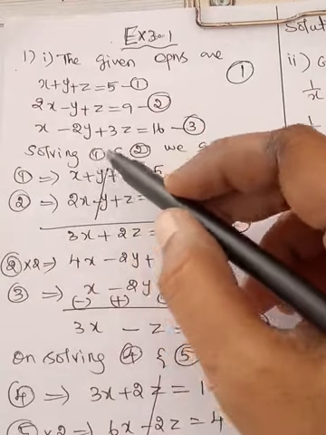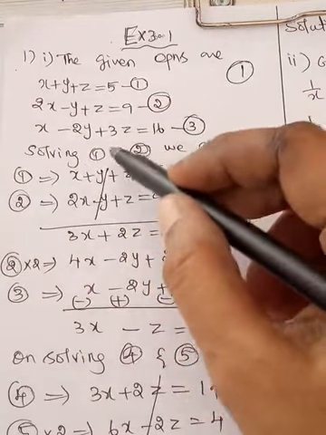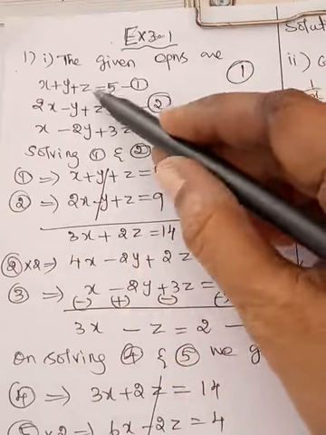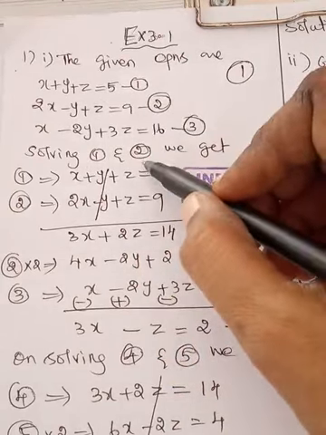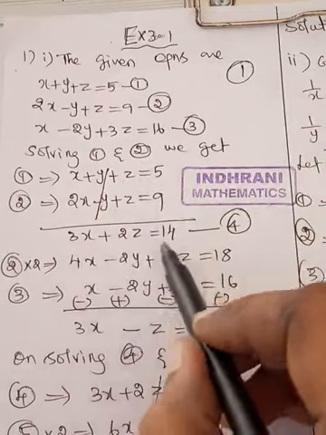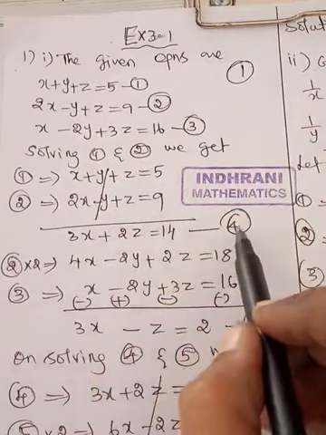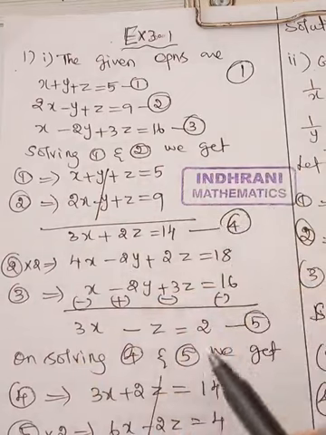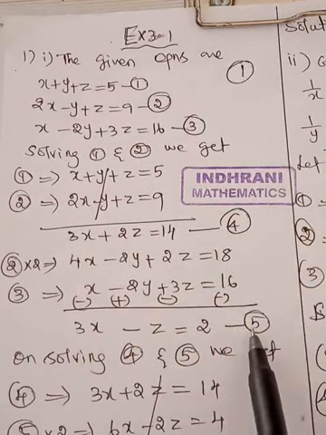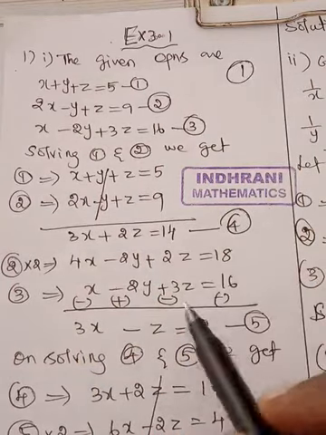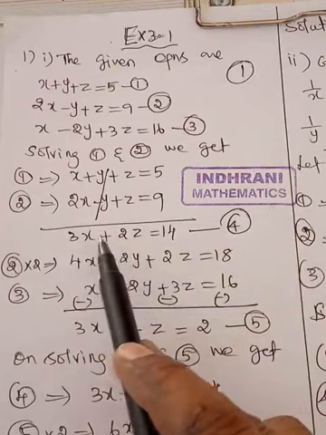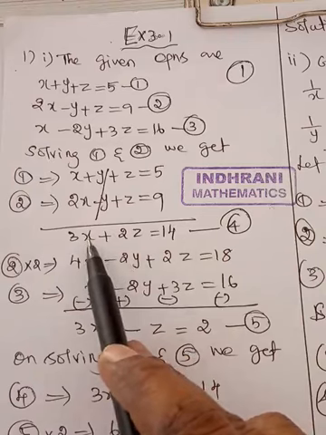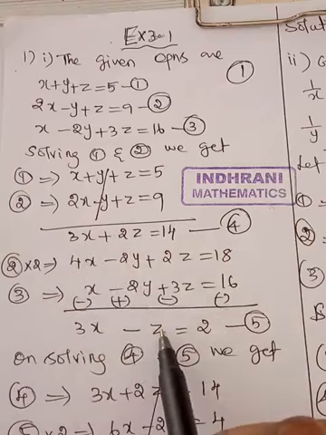Why I have chosen equation 1 and 2, that is two equations. Here three equations are given in three unknowns. I am going to make it two equations in two unknowns. You see equation number 4 and equation number 5. These two equations 4 and 5, we got in two unknowns only, x and z.